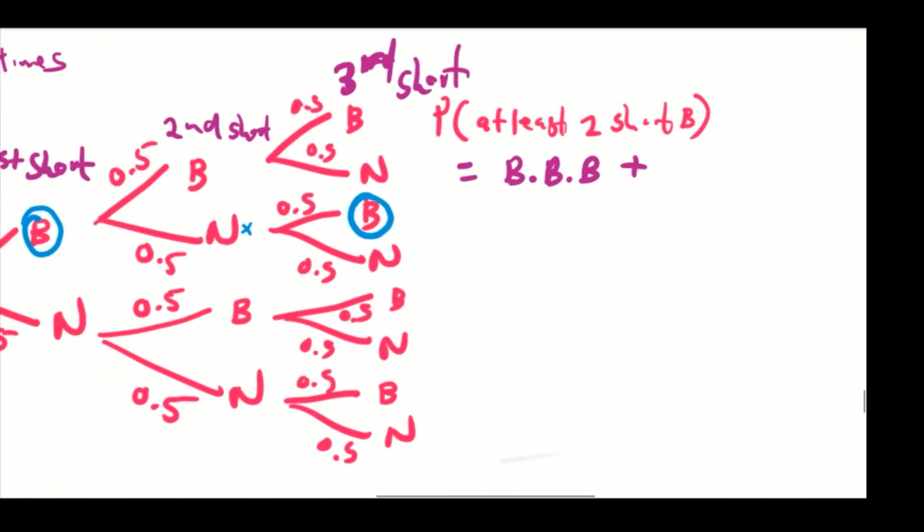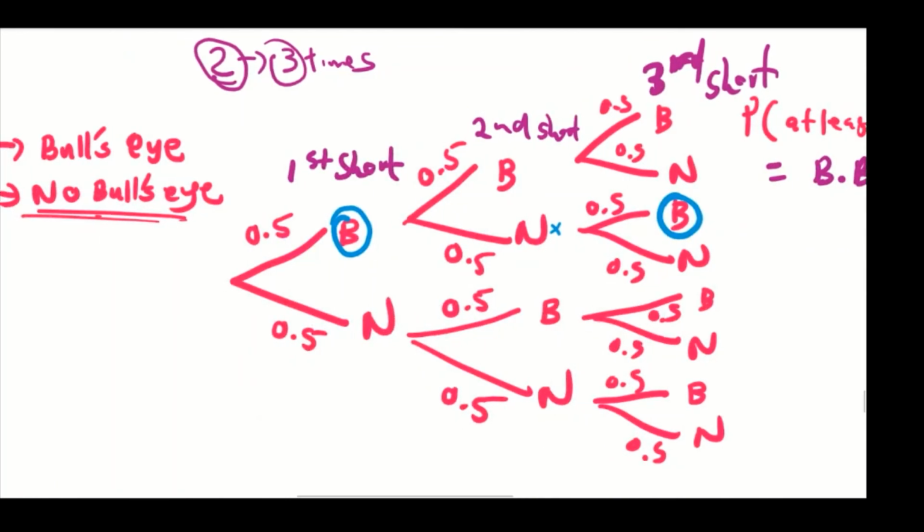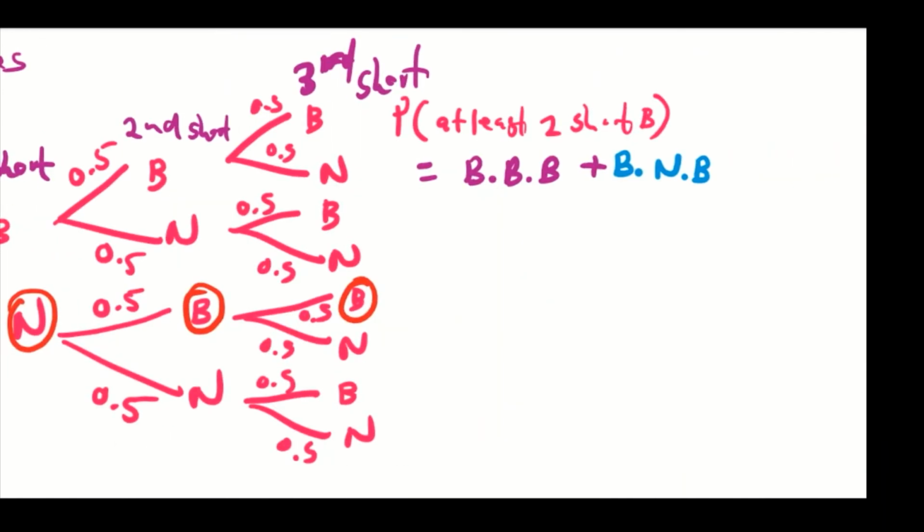So it's going to be B multiplied by N multiplied by B. So we are done with this one, and then another way is, this one is out, considering this N, but you still hit twice, right? So it's going to be plus N B B.